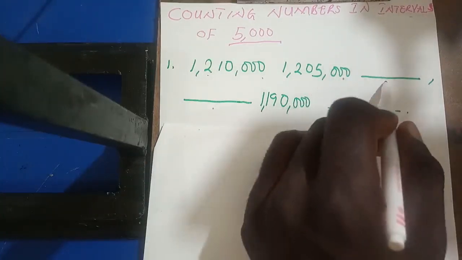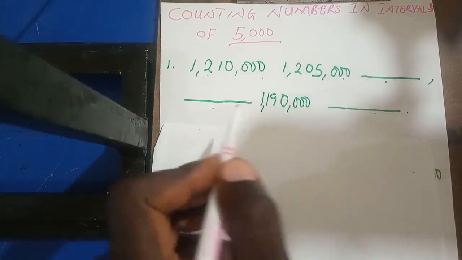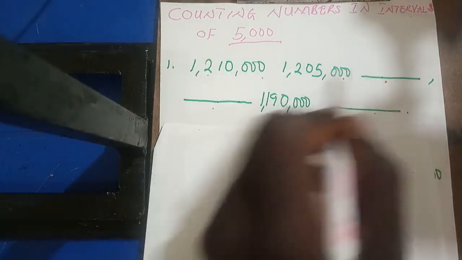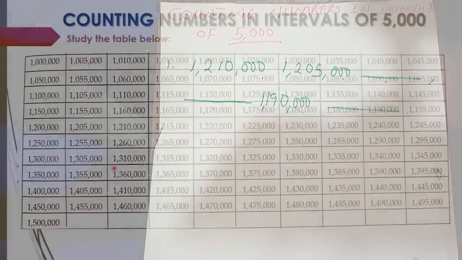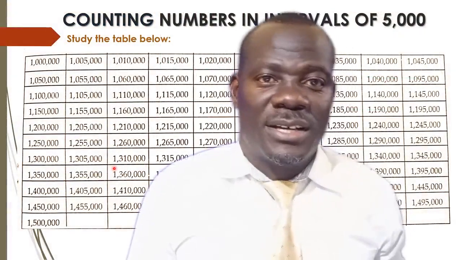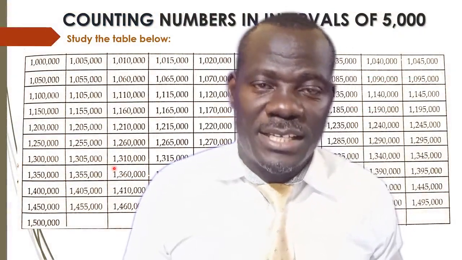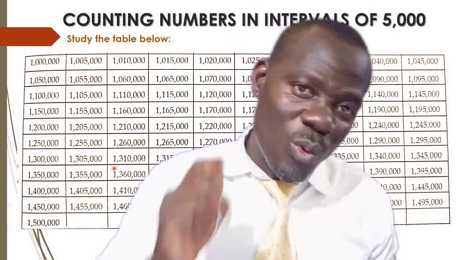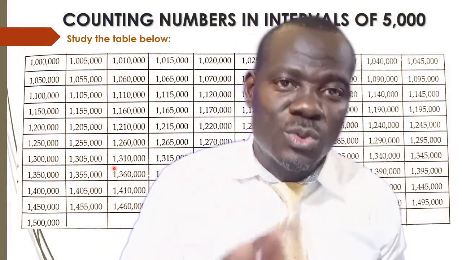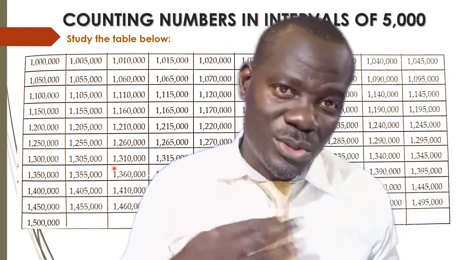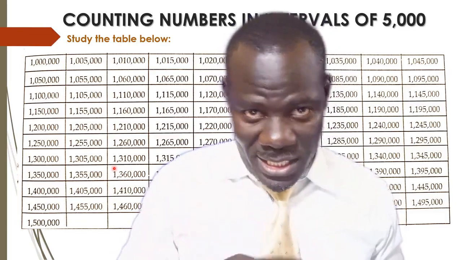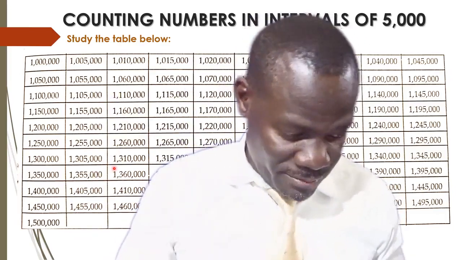Now, how do we find the numbers that are in these gaps? Remember, I said the first thing is to look at the clue. What is the clue behind? Mathematics is a game. Once you know the tactic, you have won the game.